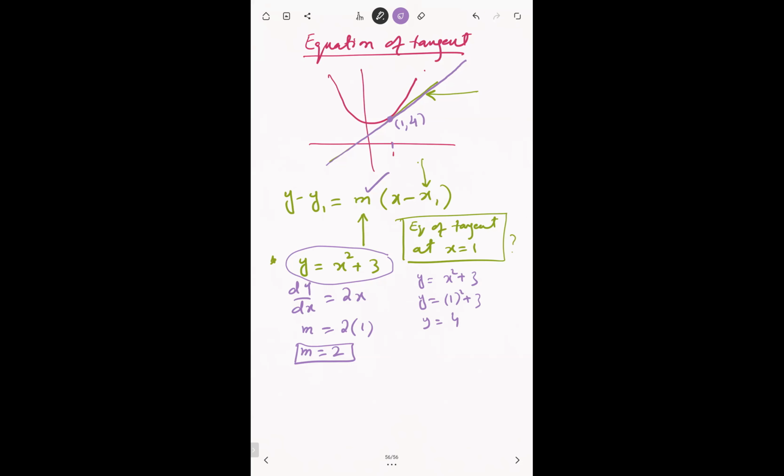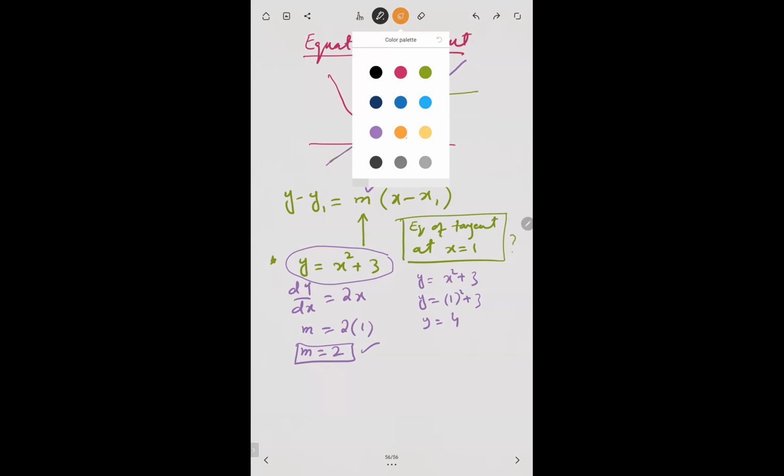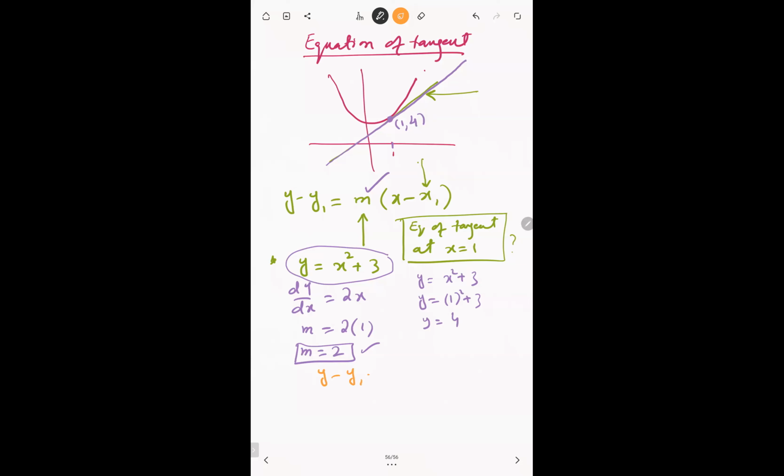We have the coordinates, and we have the gradient. Simply put this in the equation of a straight line, y minus y1 equals m into x minus x1. So y minus 4 equals 2 into x minus 1.